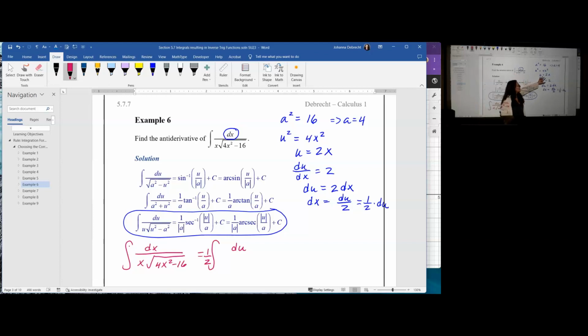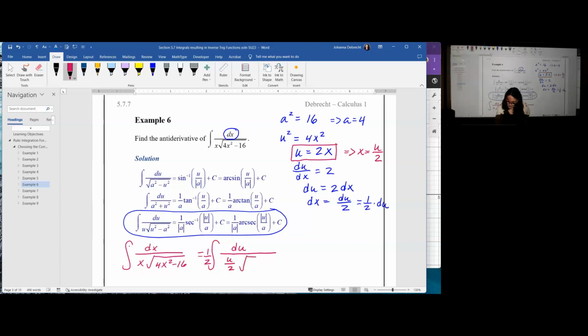Coming over here, notice that I have an expression relating u and x, but u is not x. However, I can solve this for x by writing that x is equal to u divided by 2. So I'm using that substitution equation in multiple ways. Now I can replace the x with u divided by 2.